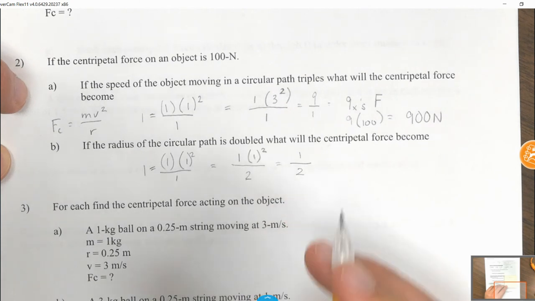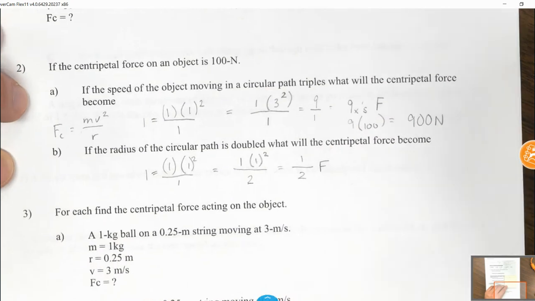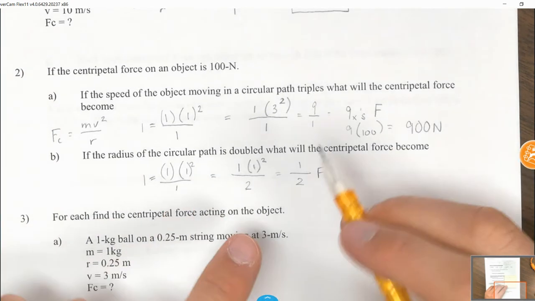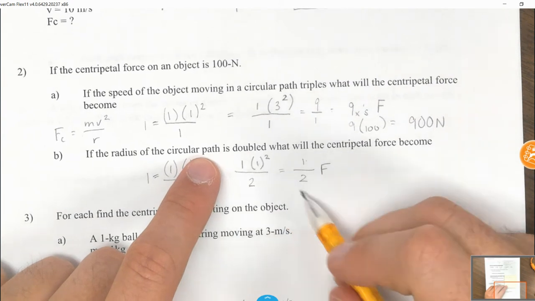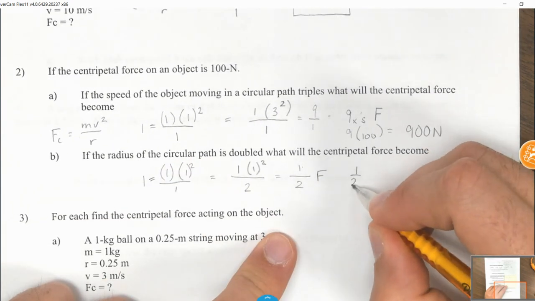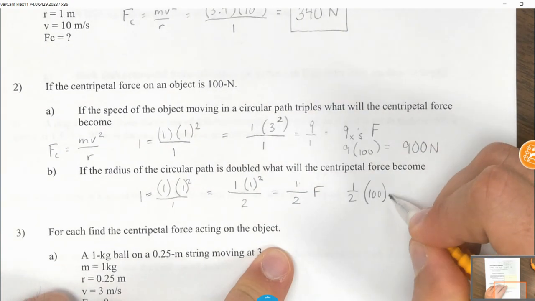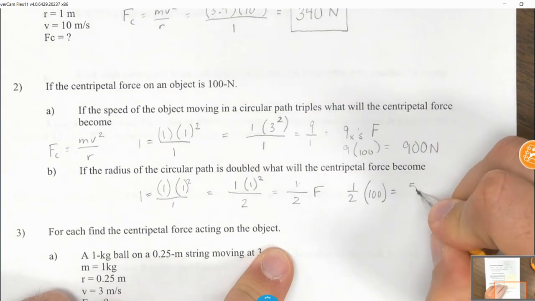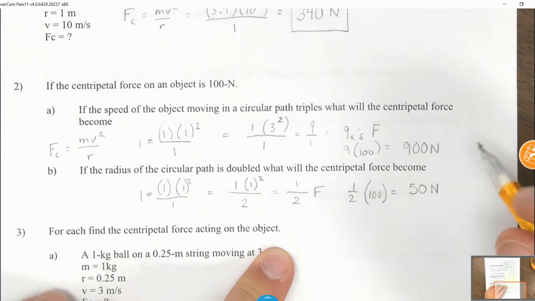So it's going to be 1/2 f when you simplify this. 1 squared is 1. 1 times 1 is 1. 2 just carries over. So it's 1/2 of the original force. Our original force was 100. So half of 100 becomes 50. 50 newtons. Bam.